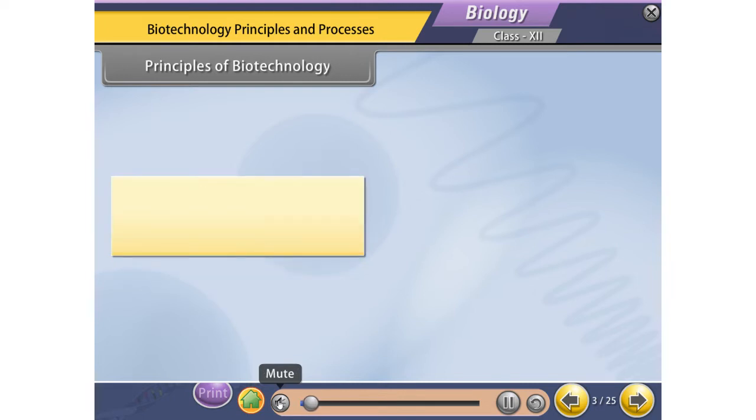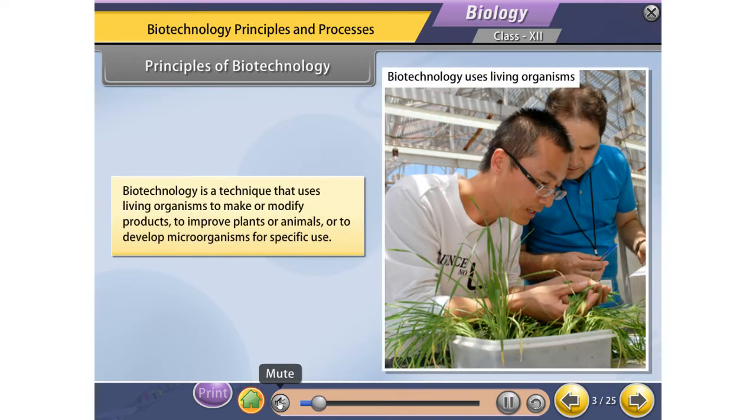Biotechnology is a technique that uses living organisms to make or modify products, to improve plants or animals, or to develop microorganisms for specific use.